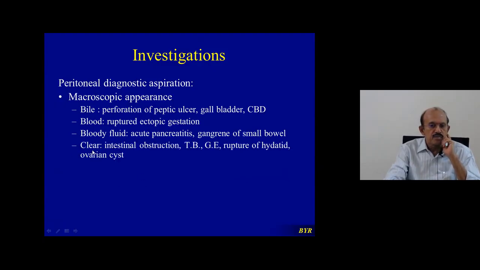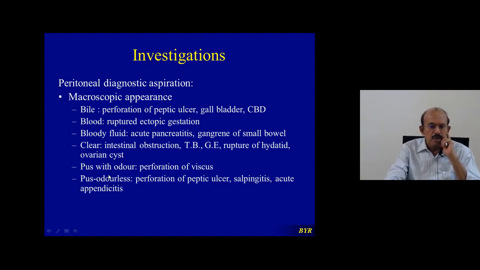Clear fluid: intestinal obstruction, tuberculosis, gastroenteritis, rupture of hydatid cyst, rupture of ovarian cyst. Pus with water: perforation of viscus. Pus without water: perforation of peptic ulcer, salpingitis, acute appendicitis.